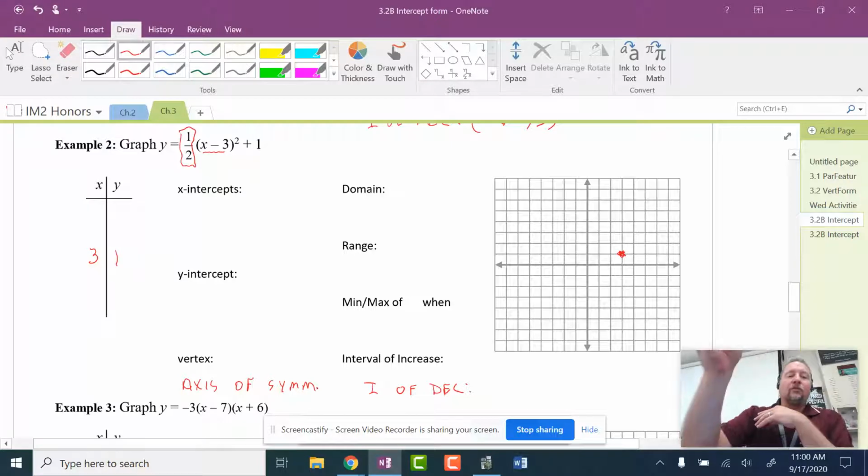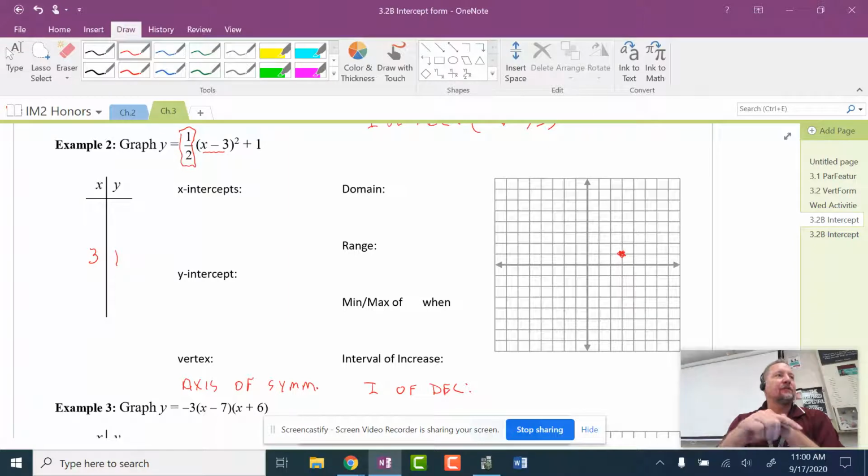So now I have one more question. If this is going up, what are the X-intercepts, or do you have any? Well, don't look at your notes. Look at this picture. Look at my screen. Wouldn't that have to go up like that? What would the X-intercepts be, or would there be any?